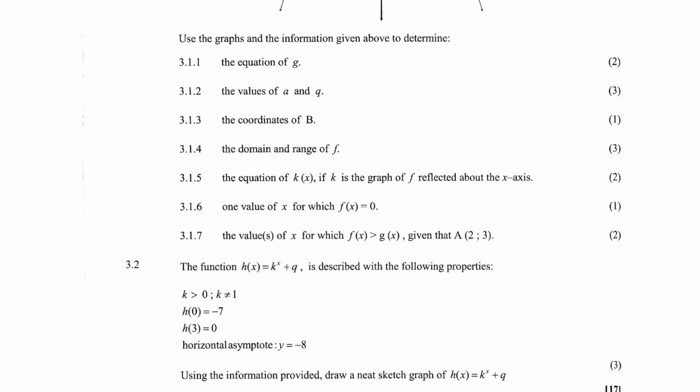3.1.7, use the graph and the information given above to determine the values of x for which f of x is greater than g of x, given that A is (2, 3).